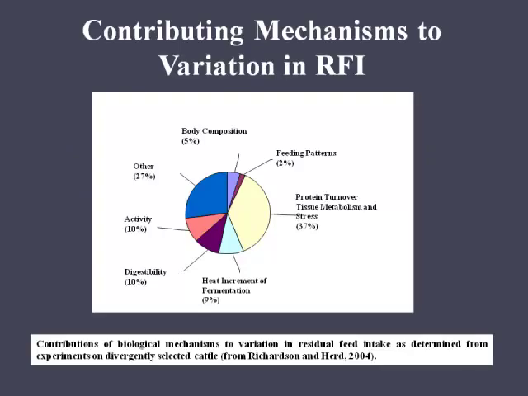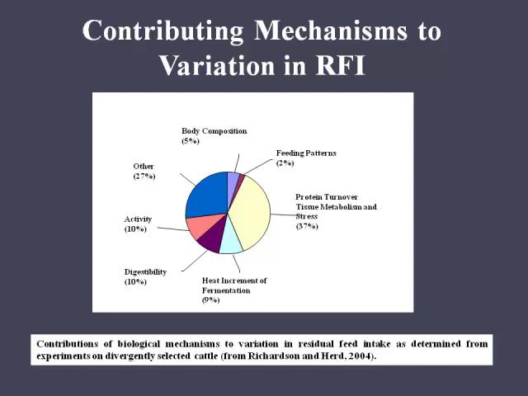Okay, so I'm just going to give you something really quickly, a little bit of underlying information about what causes this variation in individual animal intake. And you can see that there are a whole range of different body functions that contribute. And this is work done by my friend and colleague Robert Hurd and his student Emma Richardson in Australia in 2004.